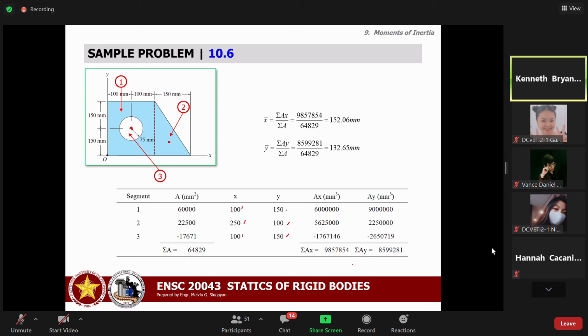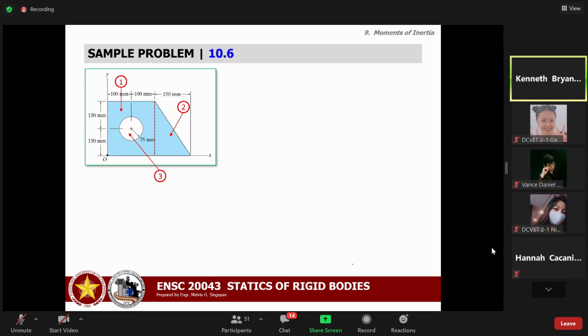So, next naman, moment of inertia about the centroidal axis. Okay? So, nasaan yung centroid? So, yung centroid, okay? And pag nag-pass through ako ng axis through the centroid, that is your x prime and y prime. Okay? So, nandito yung centroid. So, ito si bar y, yung nasolve natin kanina. Okay?